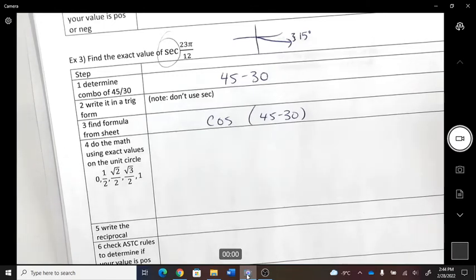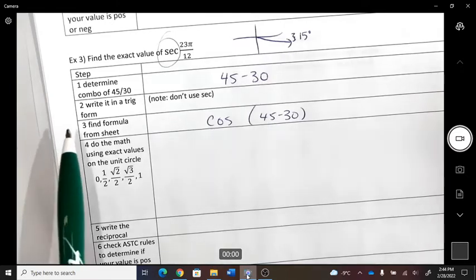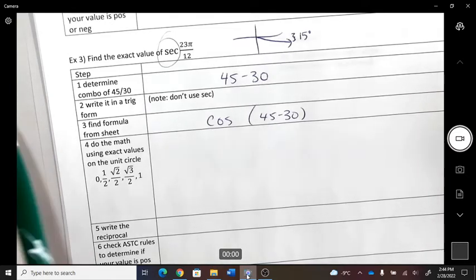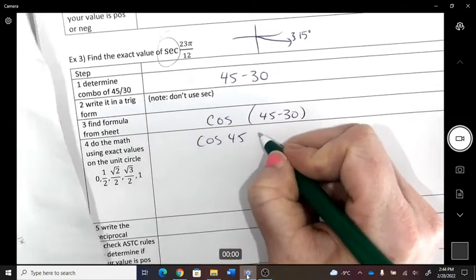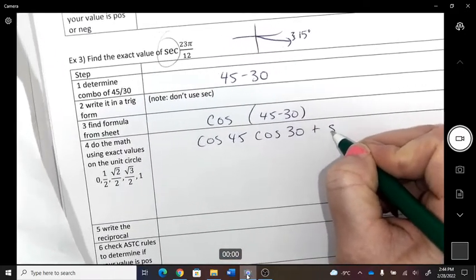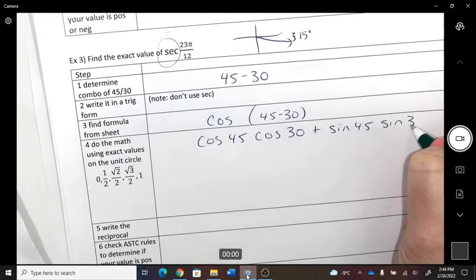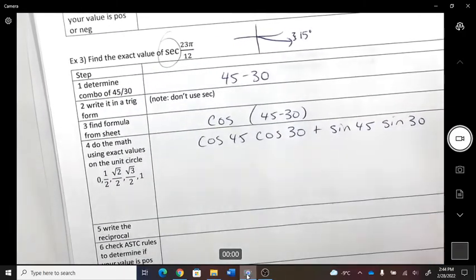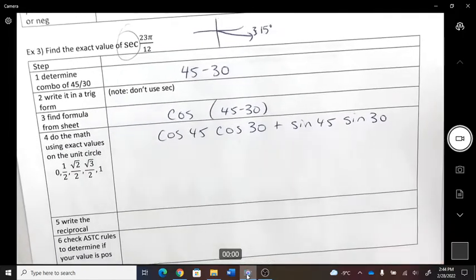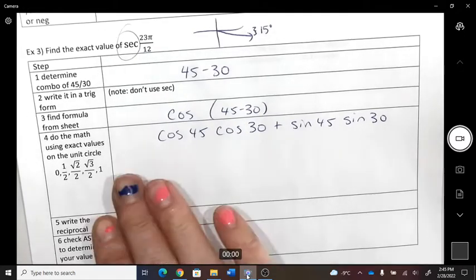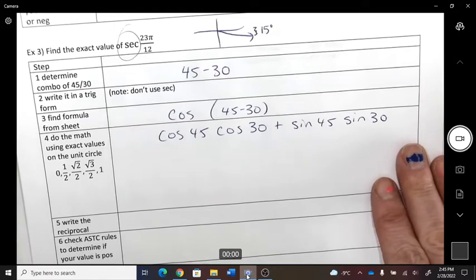Formula that matches you saying the cos of 2 subtraction angles. Did you get a formula that looked like this? Cos angle cos angle, plus sine angle sine angle? Okay, so that was from my formula sheet, and I matched it up.